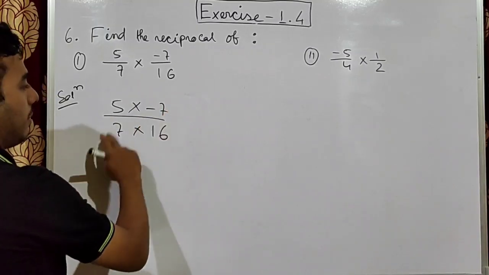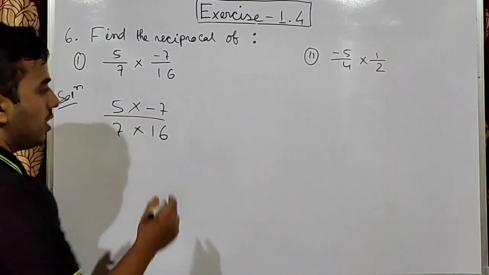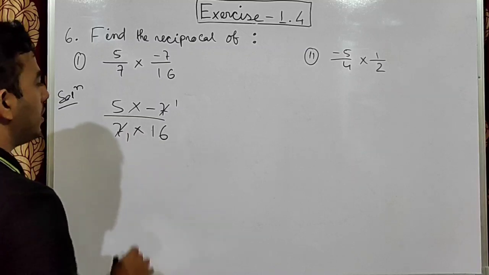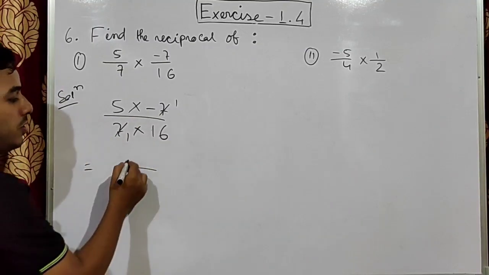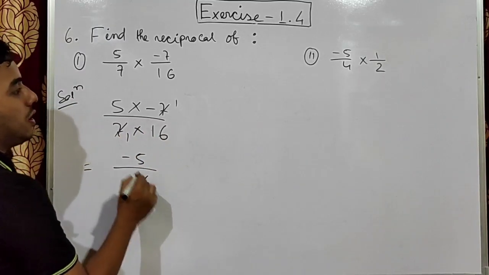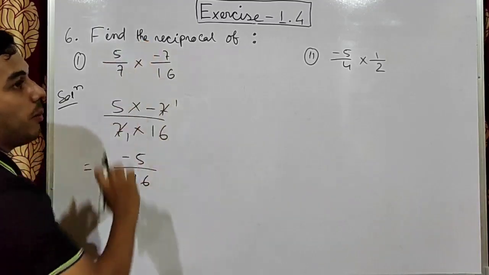Now look here, 7 and 7 will get cancelled, right? Because 7 divided by 7 means what? 1. So we'll write 7, 7 into 1 is 7, 7 into 1 is 7. So left is 5 into minus 1. 5 into minus 1 is how much? Minus 5. And 1 into 16 is how much? 16. So this is our required solution of that particular number. Clear?